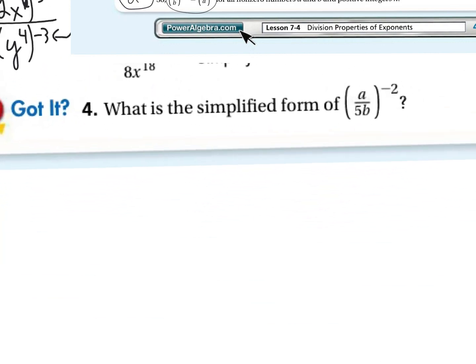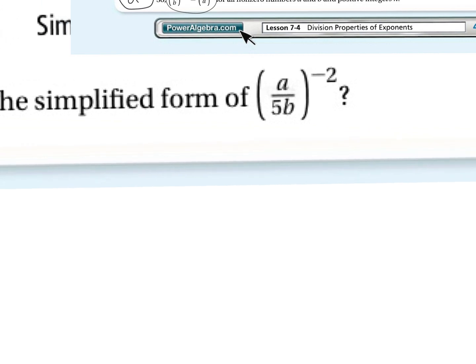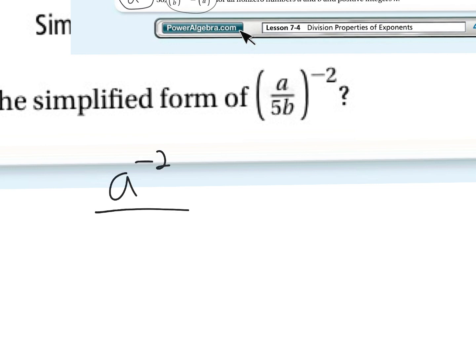So if we look at the Got It 4, they want us to simplify this. Like I said, different routes you can take. I'm going to go ahead and just say I'm going to make the numerator and the denominator to the negative 2nd power.